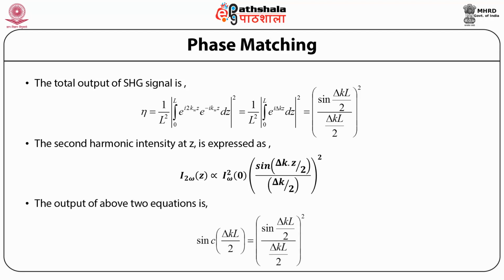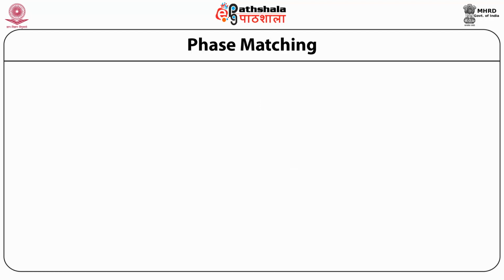The output of equations 3 and 4 is a sinc function given by sinc of (delta k L divided by 2) is equal to sine of (delta k L divided by 2) whole divided by (delta k L by 2) whole square.